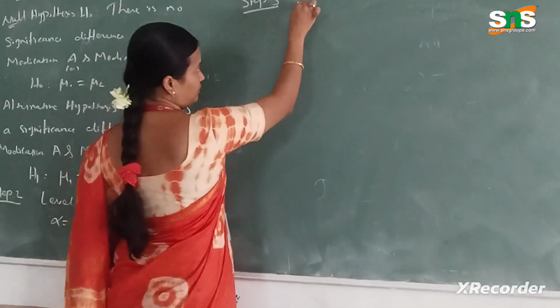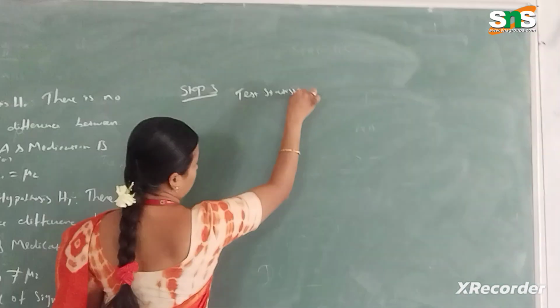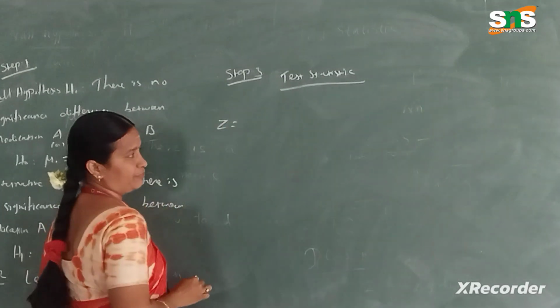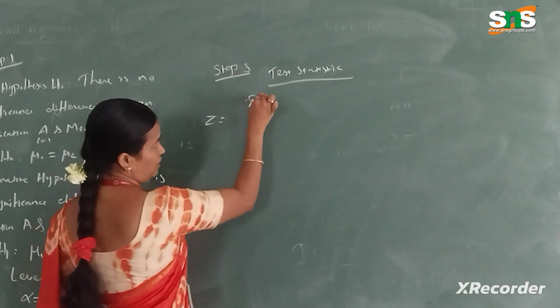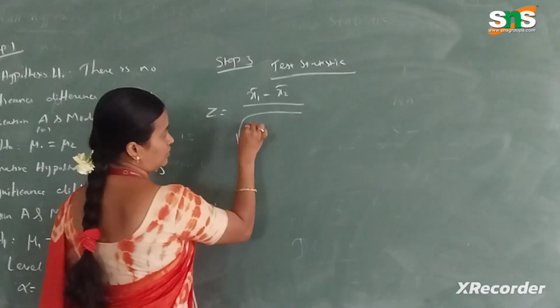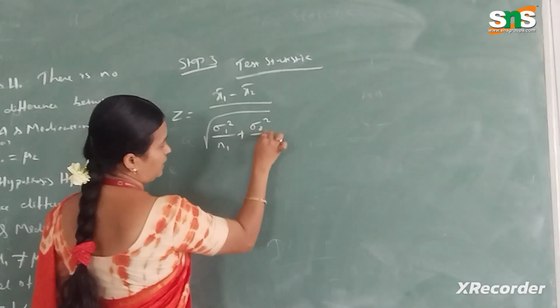Step 3, test statistic. What is the formula? For difference of means, z is equal to x1 bar minus x2 bar divided by the root of sigma 1 square by n1 plus sigma 2 square by n2.